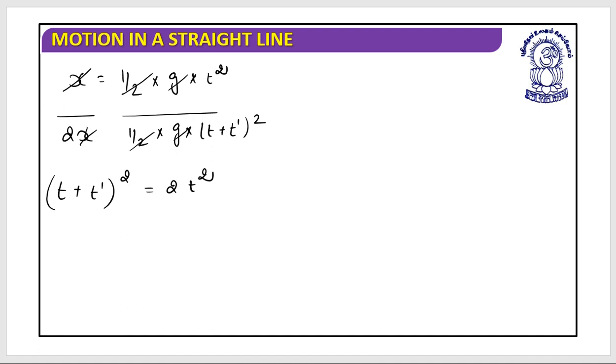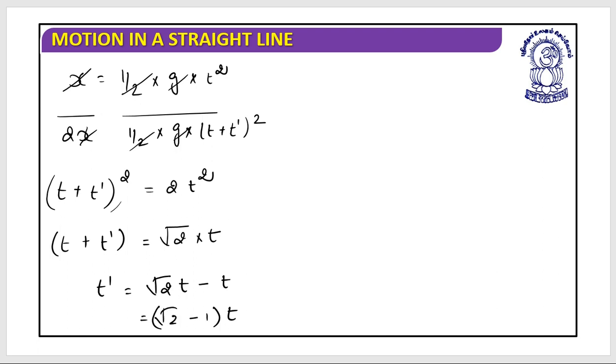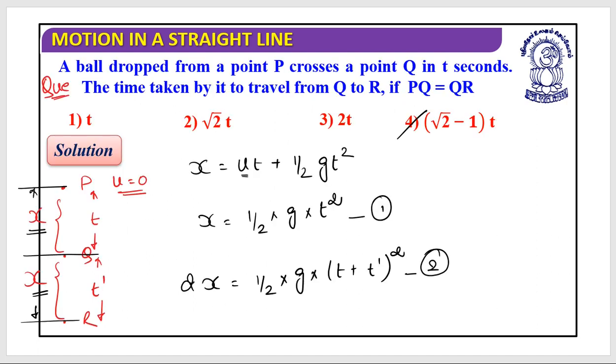Taking the square root, t plus t dash equals root 2 times t. I am here to find t dash, so t dash equals root 2 t minus t, which is root 2 minus 1 into t. So t dash by t is root 2 minus 1 is to 1. This is the value of t dash, and this should be the answer.